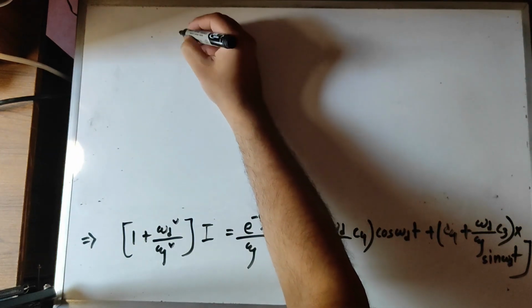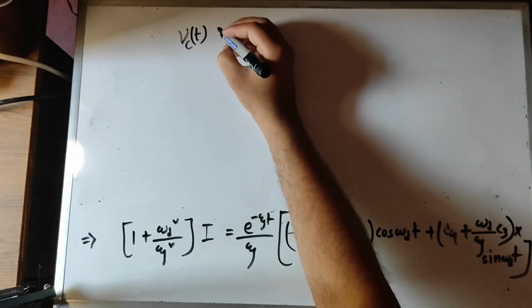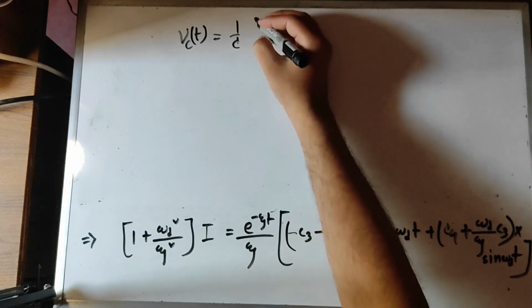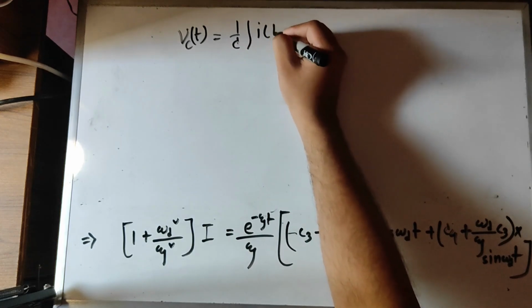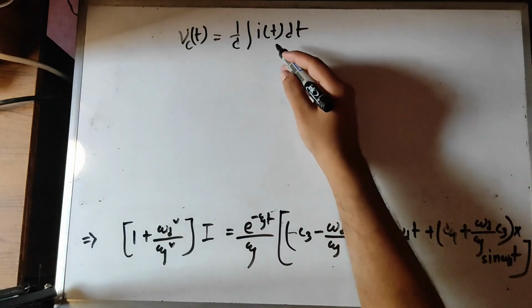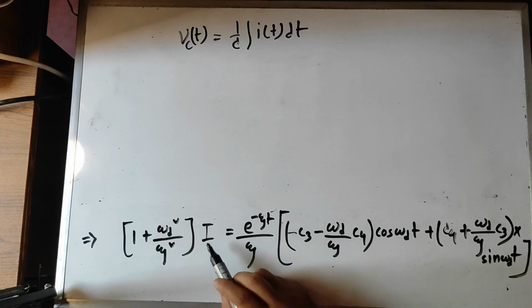We saw that the voltage across the capacitor is 1 by C integration of i(t), the loop current, the current response, dt. So this integral was assumed I by us.